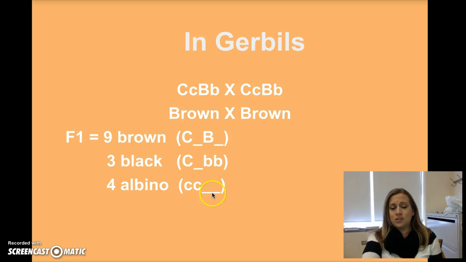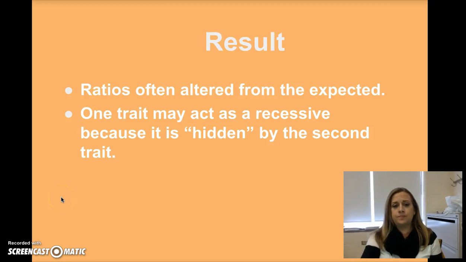If you were just looking at an albino gerbil, you wouldn't be able to tell what these alleles are because you can't see that within the phenotype. So the result of epistasis is that ratios are often altered from what you would expect. One trait may act as a recessive because it's hidden by the second trait.